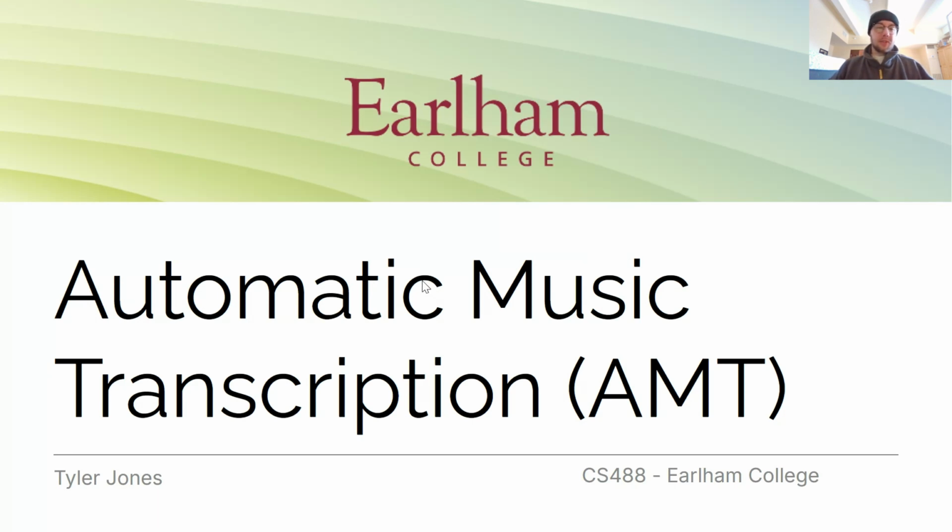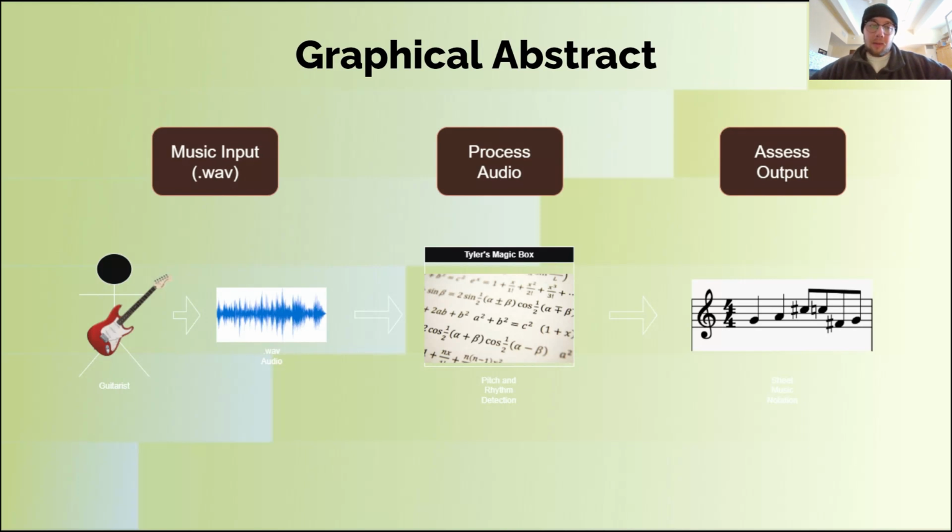Hi everyone. My name is Tyler Jones, and this is my project: automatic music transcription with an emphasis on distortion monophonic guitar. In short, I'm just writing a Python program that takes guitar or MIDI input, runs it through a bunch of math and stuff, and then outputs a MIDI file, which ideally sounds just like the input.